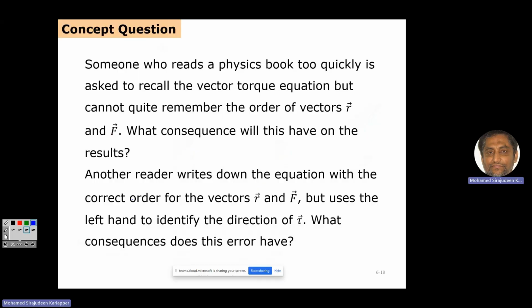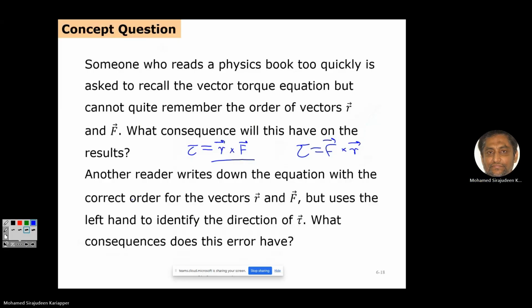There are a lot of words here, but I will explain very quickly. What he is asking is, the torque is given by R cross F, vector multiplication of R and the vector F. Suppose I wrote it like this, F multiplied by R. Is it correct? No. In vector multiplication, the order is important. When you write R cross F, we say cross, and you understand it's a vector product.